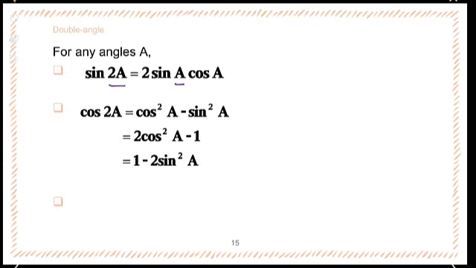So we have cos 2A equals cos square A minus sine square A, and also cos 2A equals 2 cos square A minus 1, and cos 2A equals 1 minus 2 sine square A. So we have double angle for sine, cos and tangent.